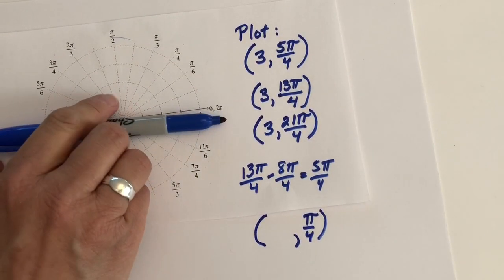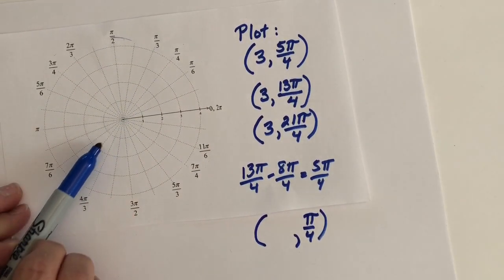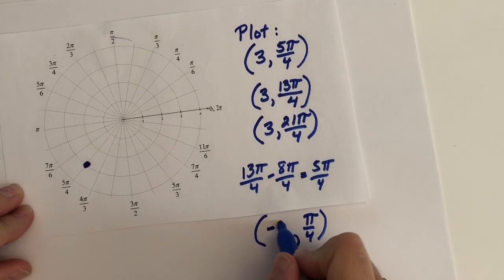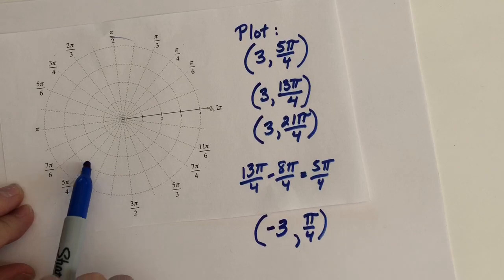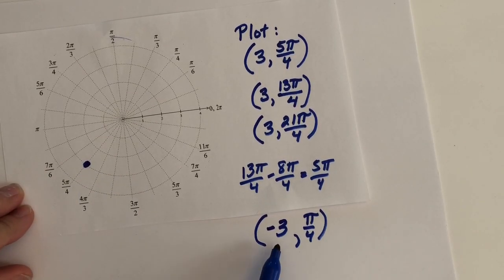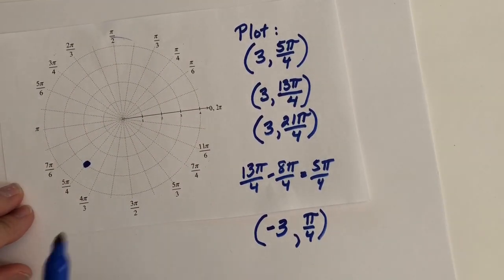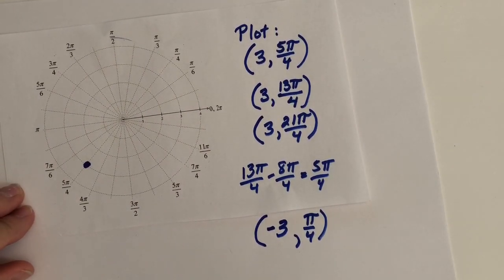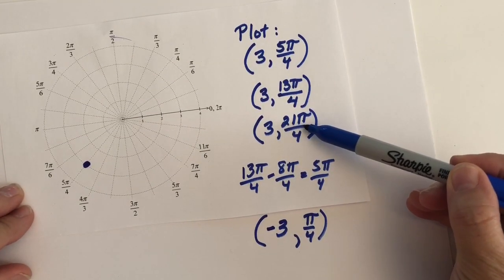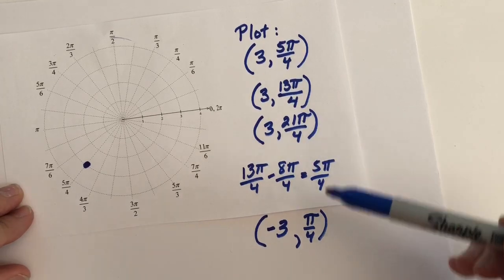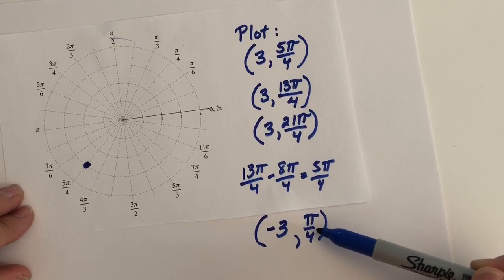If I were turning in the pi over 4 direction, I'd be over here. But now we would move backwards 3 units, and we would have negative 3, pi over 4. And we have another representation for this particular point. In fact, every point can be represented an infinite number of ways, because we certainly could keep adding 2 pi to this angle, multiples of 2 pi, and similarly here, I could add multiples of 2 pi also.